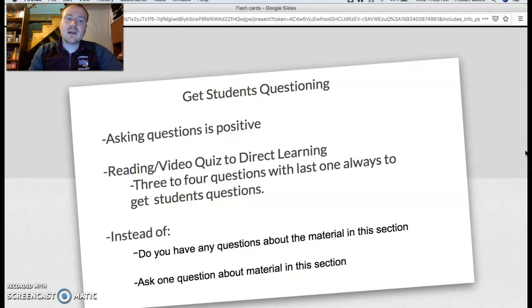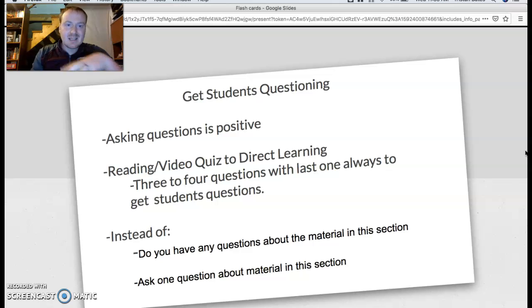But one of the things the article suggested was, after the students do the read-in or the video, have a short quiz to direct their learning. Have 3 to 4 questions, and always have the last question get students asking questions.